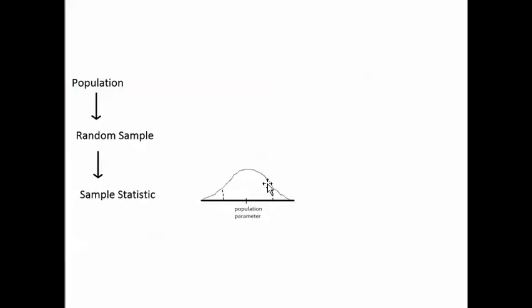If 70% of the possible samples are in this area, then there's a 0.70 probability of getting a sample from this area. If 80% of the possible samples are in this area, then there's a 0.80 probability of getting a sample from the area. So basically, the probability that the sample will come from this area between these 2 points depends on the percentage of samples that are in this area.